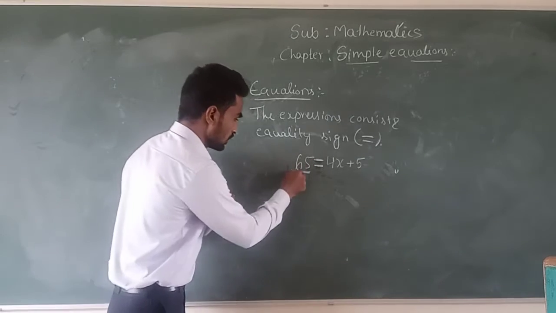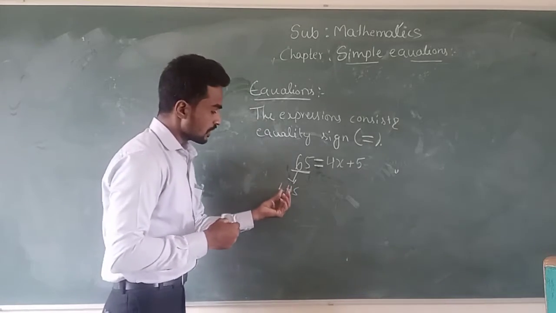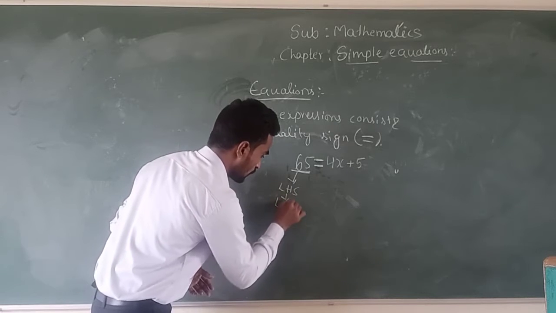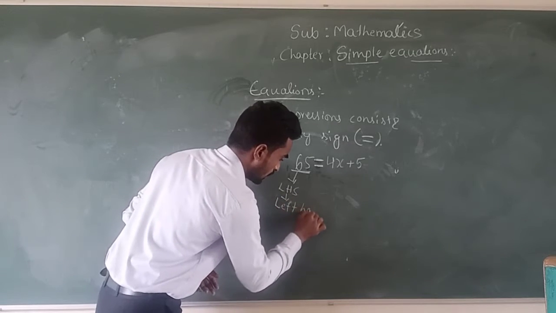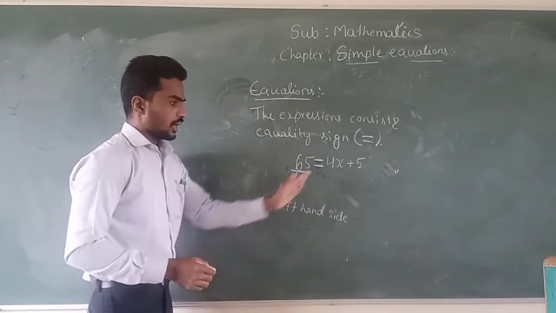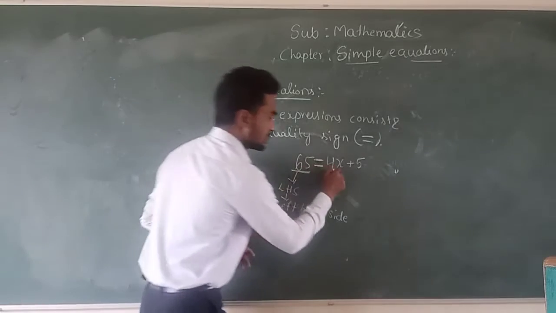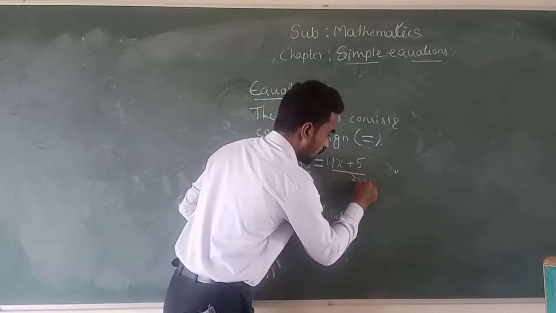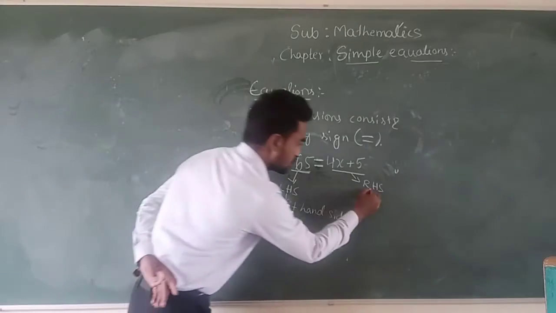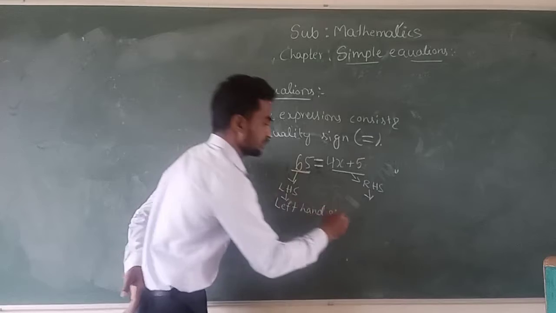LHS means left hand side. The expression to the right of this equality sign is called the RHS. RHS means right hand side.